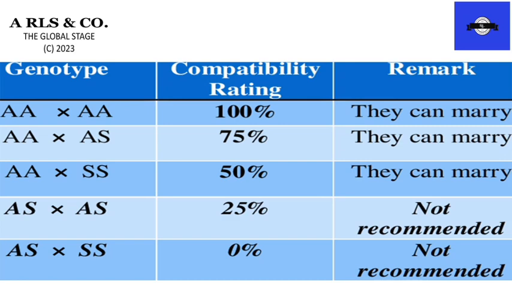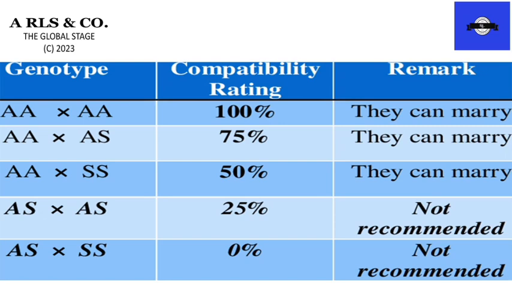But if both parents have the trait, that is AS, then there is only a 25% chance that your children or your child will be normal. Therefore, there will be a 75% chance that your child will be AS or SS, and therefore we do not recommend that you go ahead and get married.